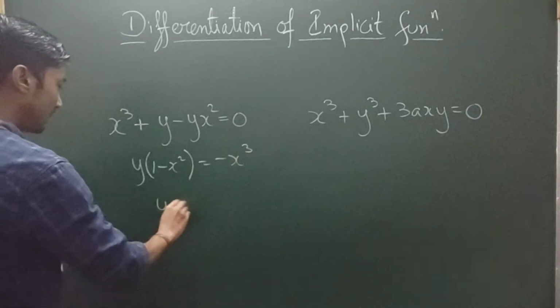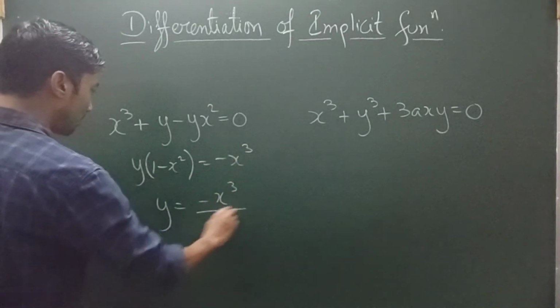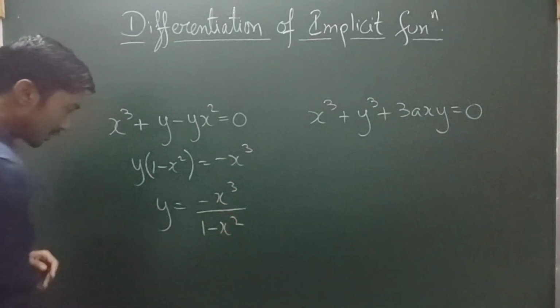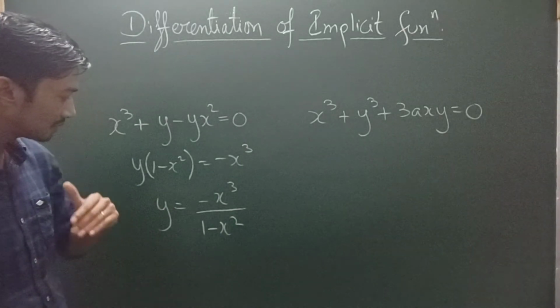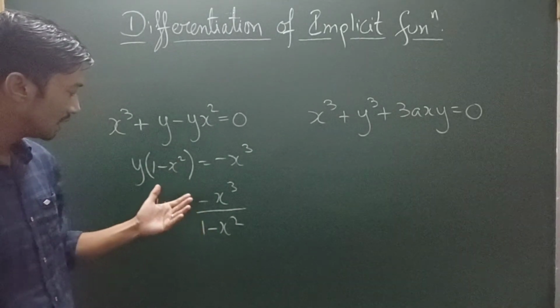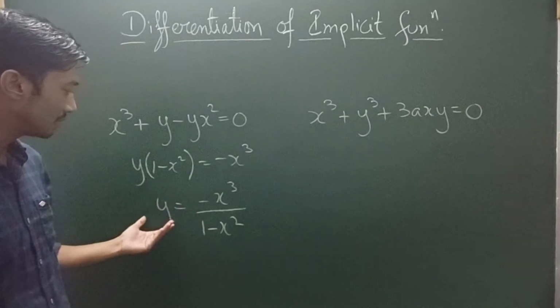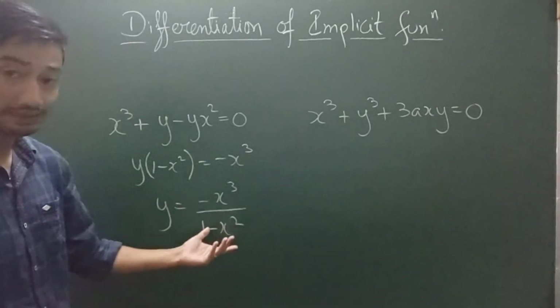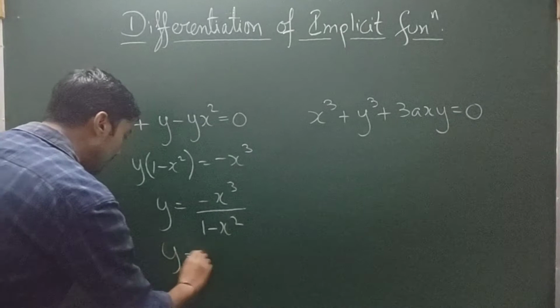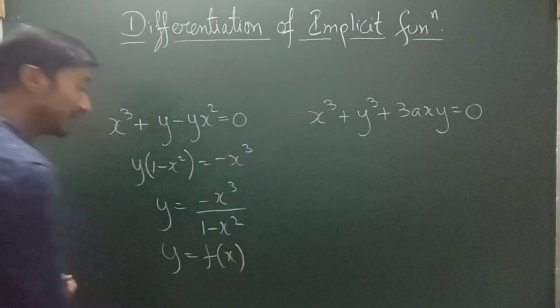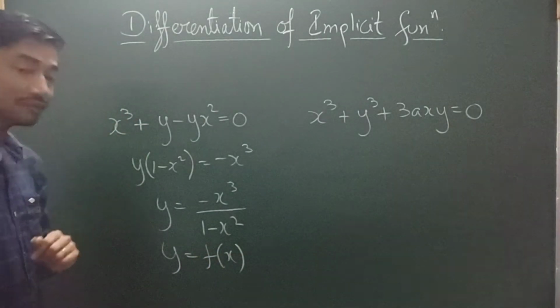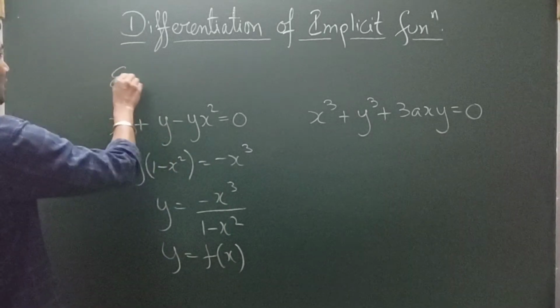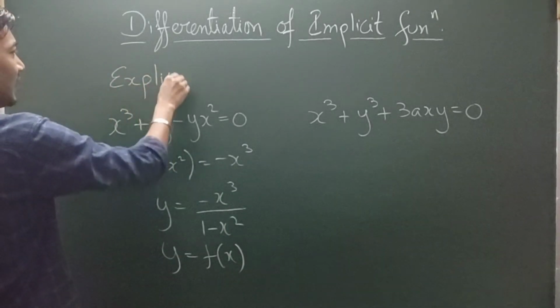So y is minus of x cubed upon 1 minus x squared. Here you can see that I have been able to completely write one variable with respect to another variable. That means y can be completely written as a function of x. So this kind of function is called an explicit function.